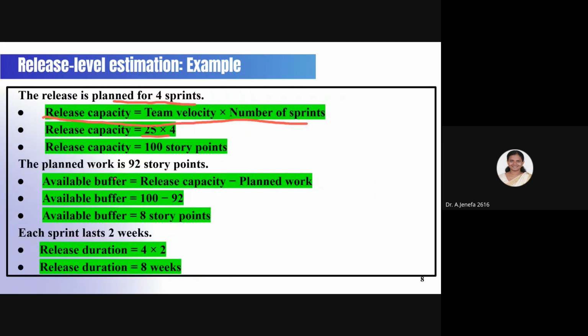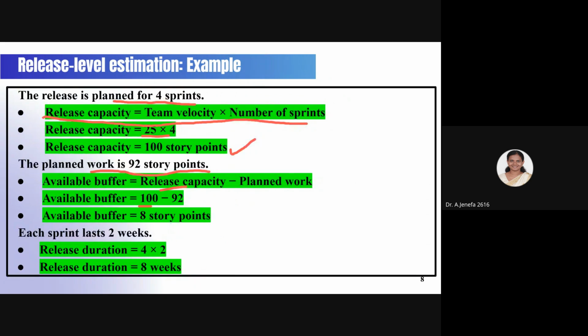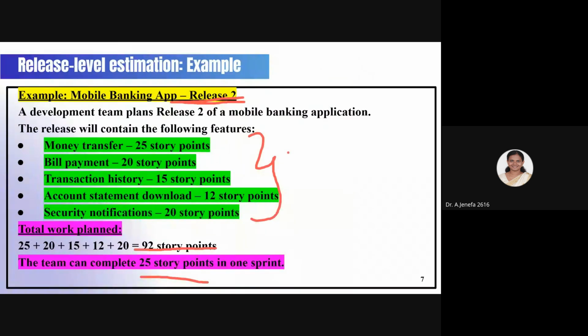Now moving on to the planned work of 92 story points. Available buffer equals release capacity minus planned work. The release capacity I calculated from the number of sprints and team velocity is 100. The planned work for each feature, the user stories calculated from the features, is 92.